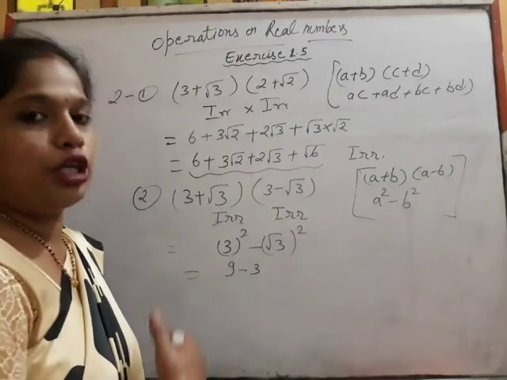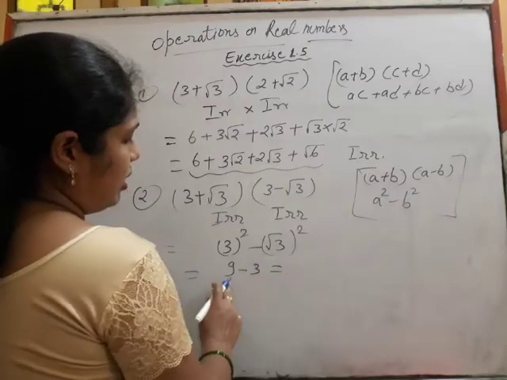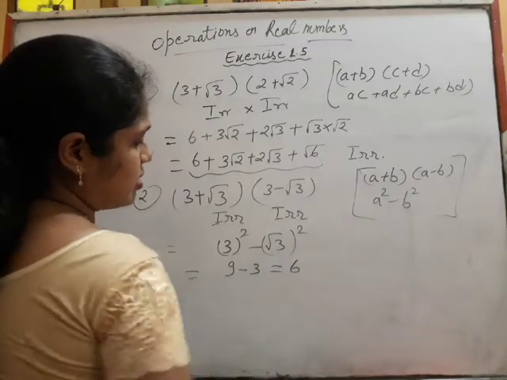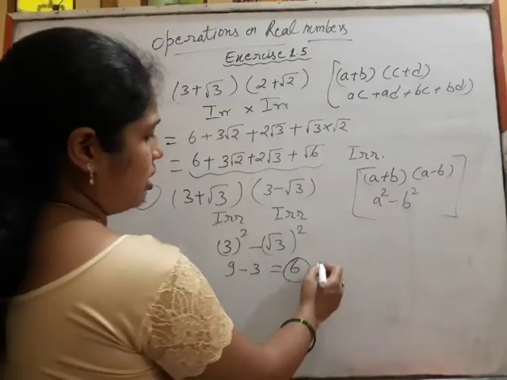The square of an under root number gives you that number. Then 9 minus 3 is 6. What is this number, rational or irrational? Rational.